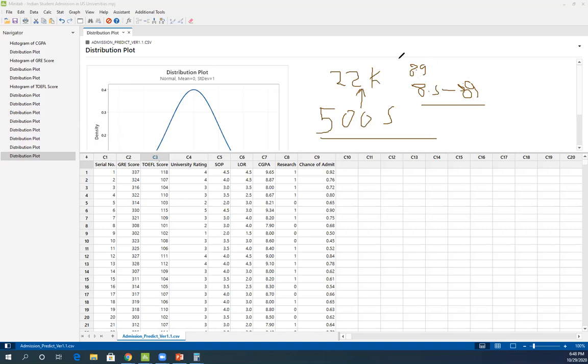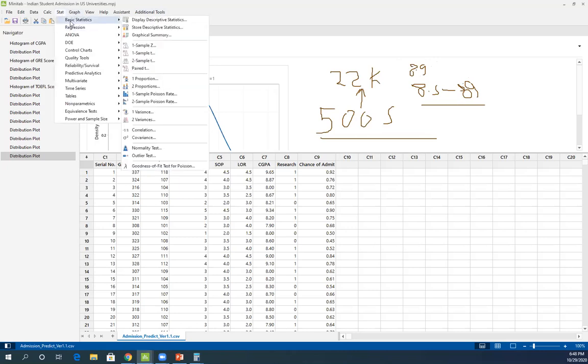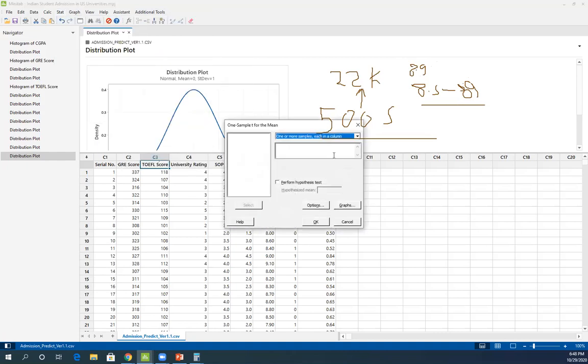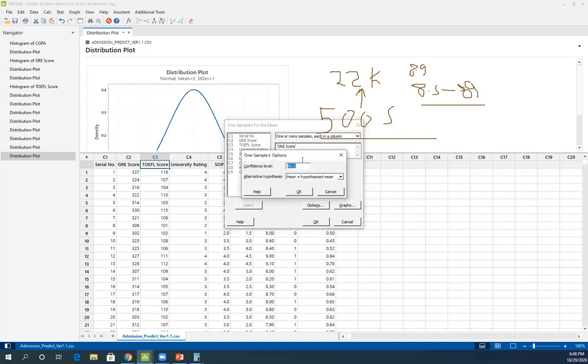So let me do this example. I go under Statistics, Basic Statistics, one sample Z. I'm just going to select this. I have the option of what percent of confidence I would like, say 95%.